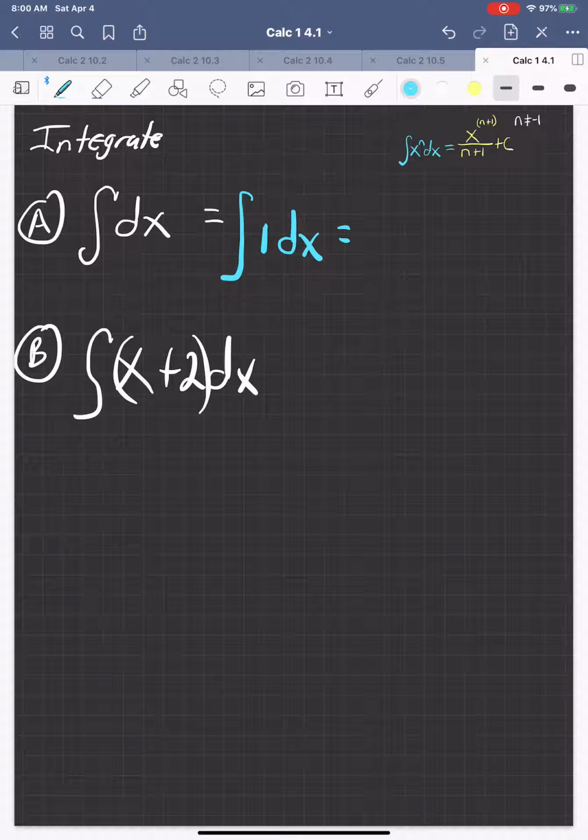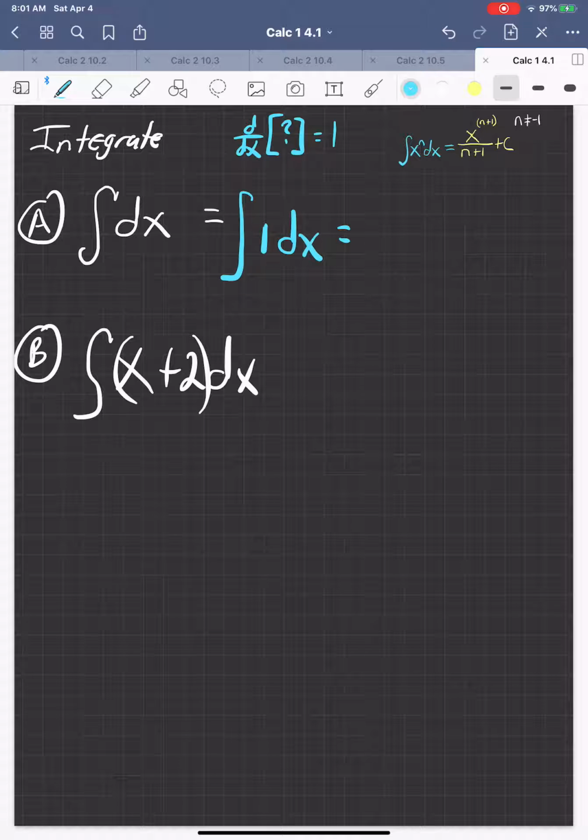So in this case, the derivative of what is 1? The derivative of x with respect to x is 1.